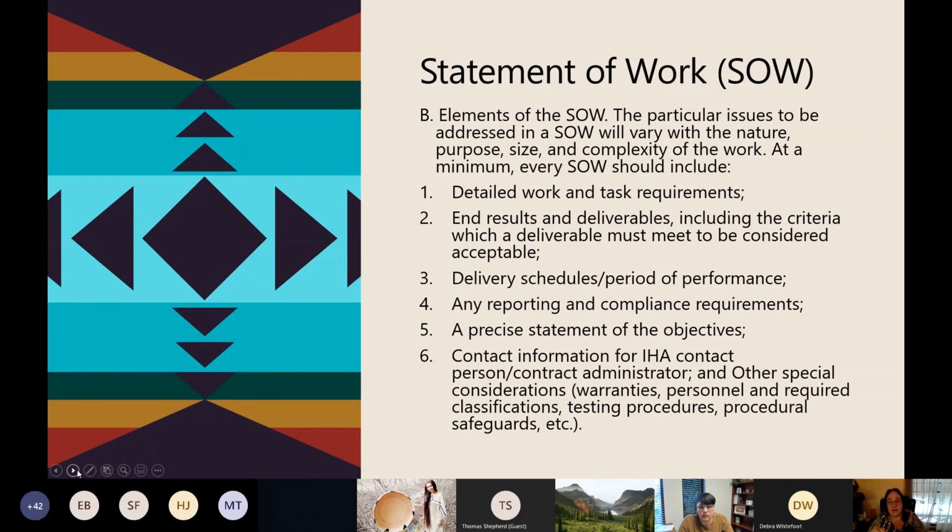At a minimum, every SOW should include detailed work and task requirements, what you want as an end result and your deliverables, including the criteria which a deliverable must meet to be considered acceptable, delivery schedules and periods of performance, any reporting and compliance requirements, a precise statement of your objectives, contact information for who's dealing with that for your housing entity, the contract administrator, and other special considerations: warranties, personnel required, classifications, any type of testing procedures, procedural safeguards.